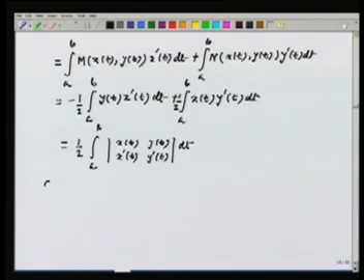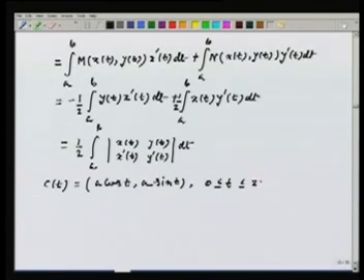So I take the curve c(t) equal to (a cos t, a sin t), where 0 less than or equal to t less than or equal to 2 pi. Then the area according to the above formula is half the integral from 0 to 2 pi.